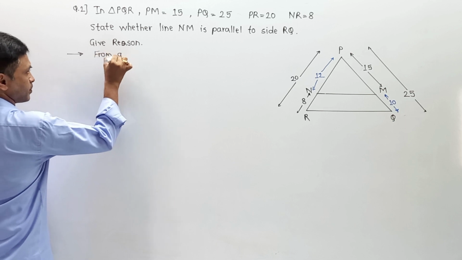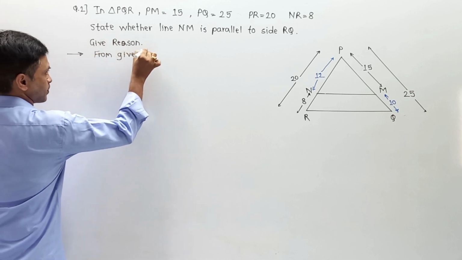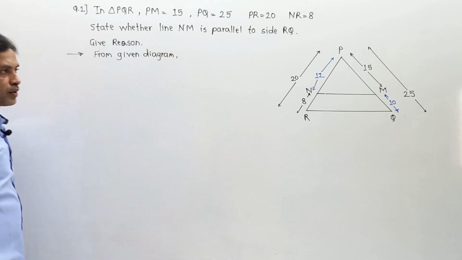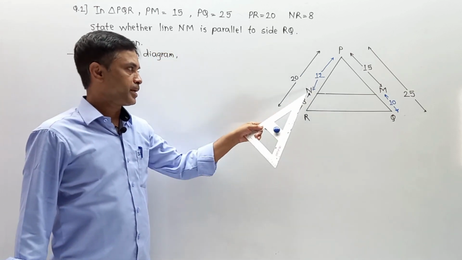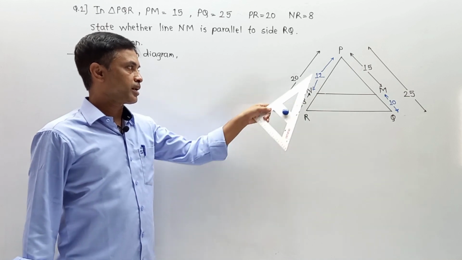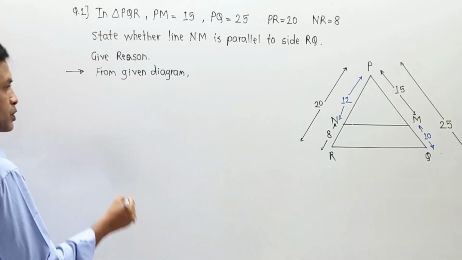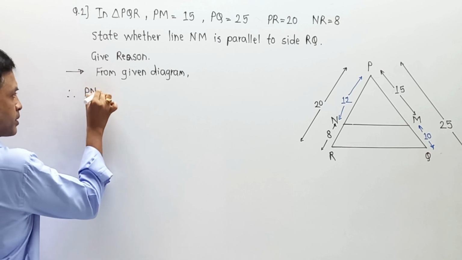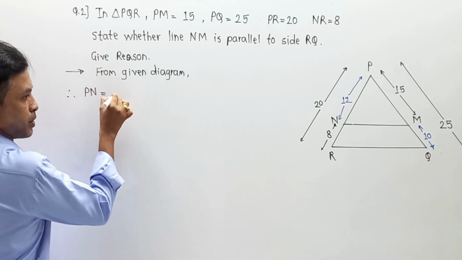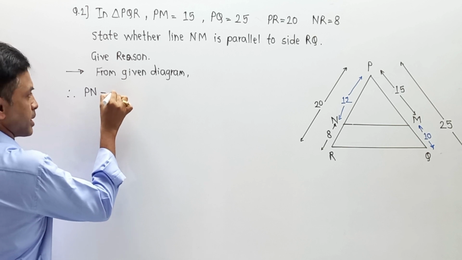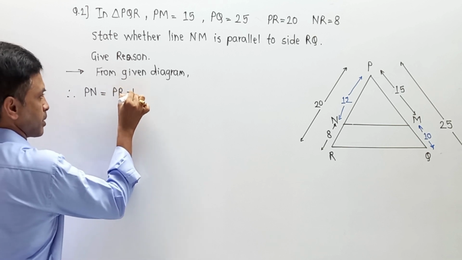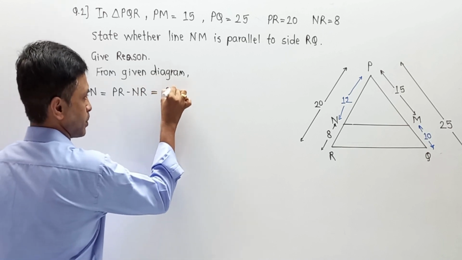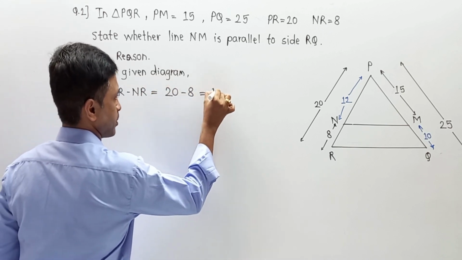From the given diagram, here evaluations are, first of all we are going to represent PN is equal to PR minus NR. So here first part, PN is equal to PR minus NR, that becomes 20 minus 8, and that becomes 12.